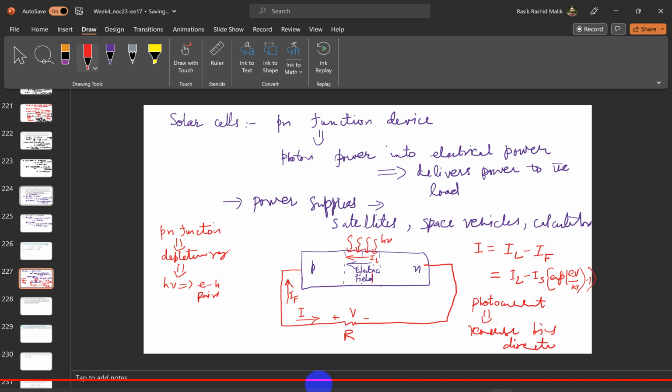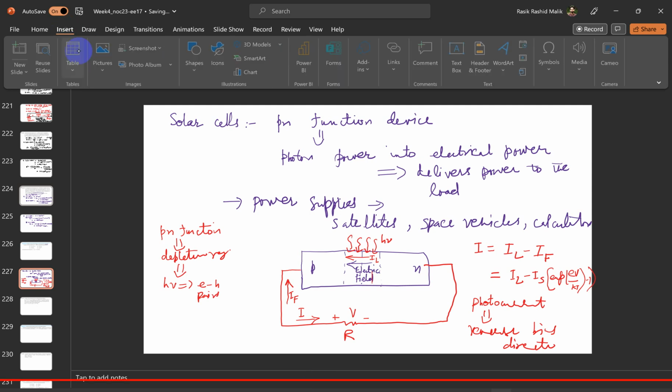Okay, so now let's consider this equation, and then we will have two important limiting cases of interest. Let me insert a new slide here.